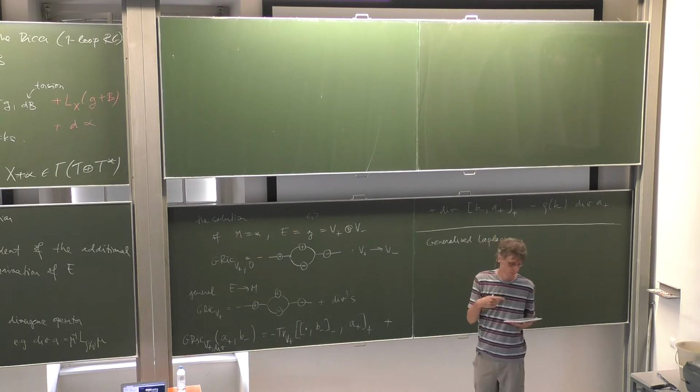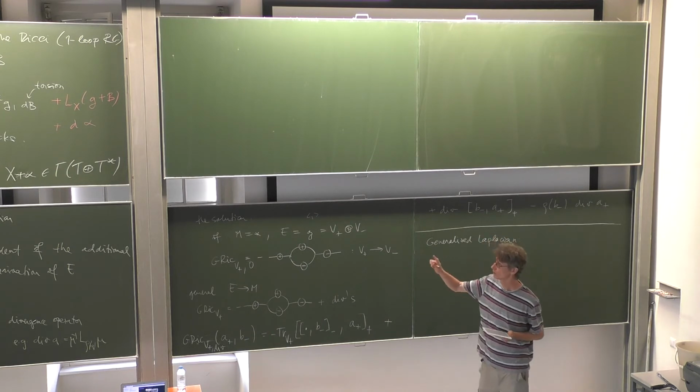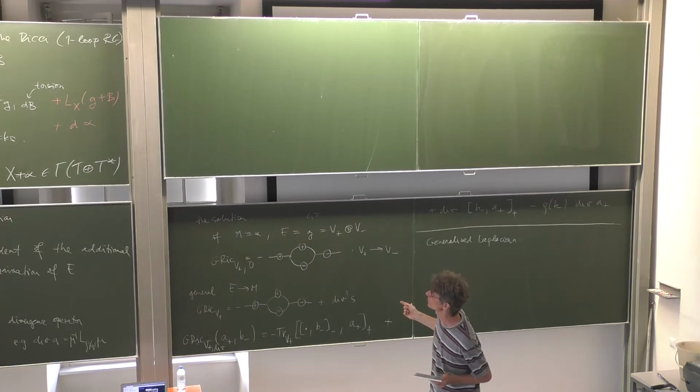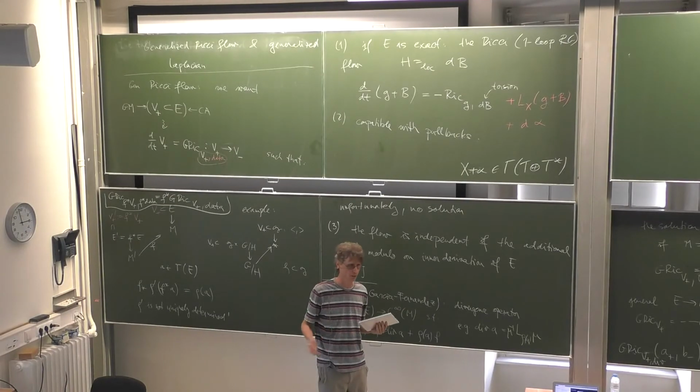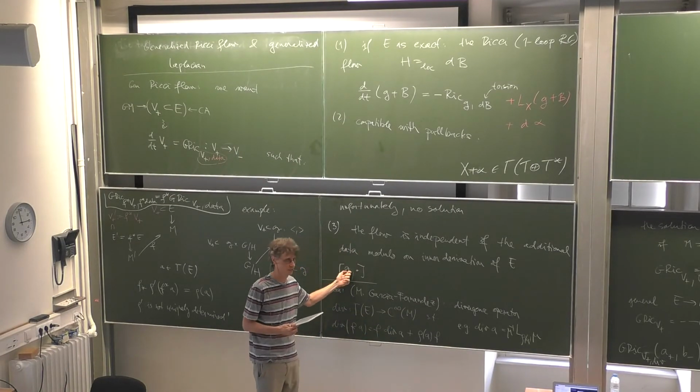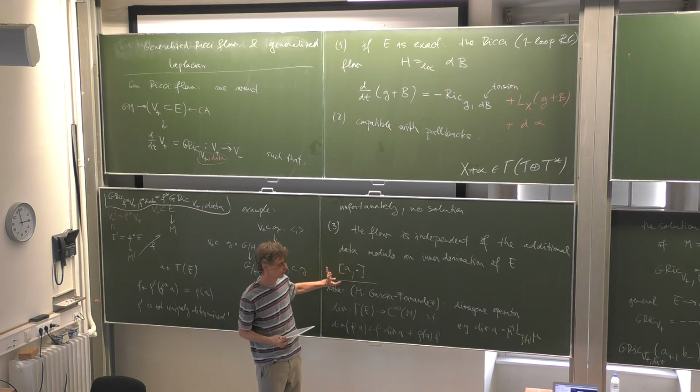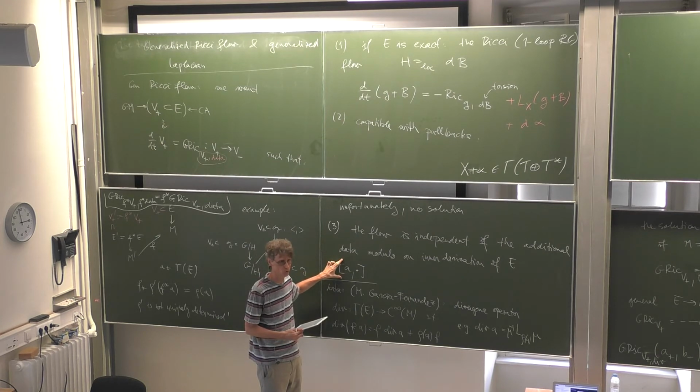Probably, you see, what you can do, as I said, is this, modulo an inner derivation of E. If one produces a section of E in some super convoluted way, and then simply adds this thing to the generalized Ricci flow, it will still be a solution.